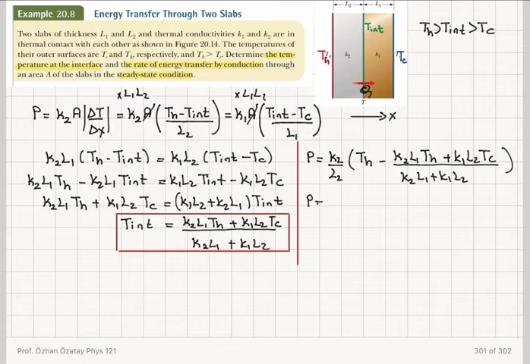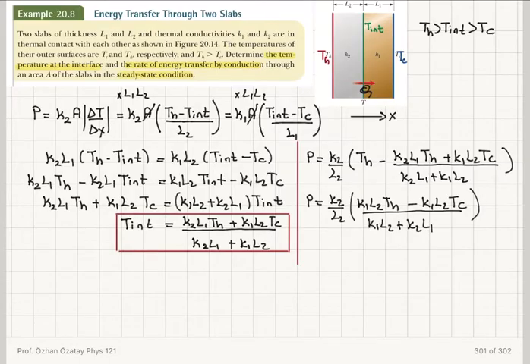And this is going to give me power is equal to K2 over L2. So the first term is T hot K2 L1, so that will disappear. I will have (K1 L2 T hot minus K1 L2 T cold) divided by (K1 L2 plus K2 L1). So if I operate this with L2, this is what I will get.